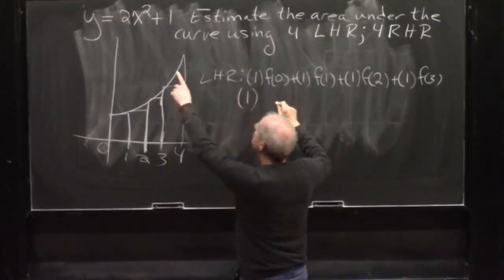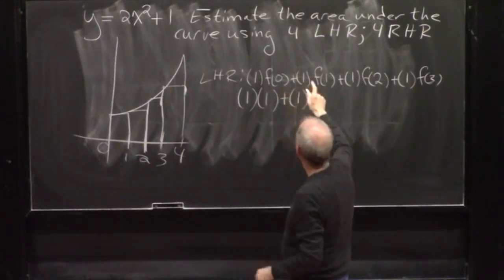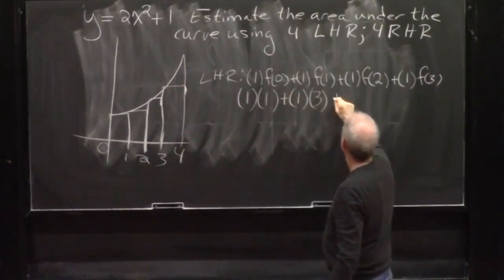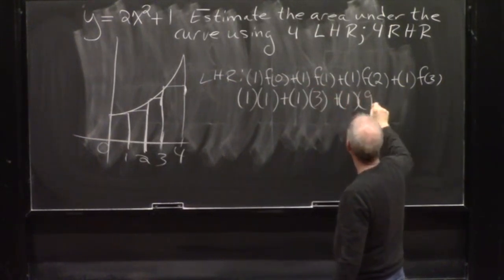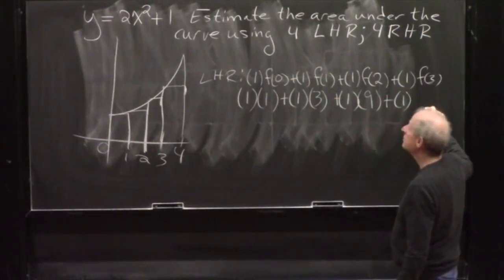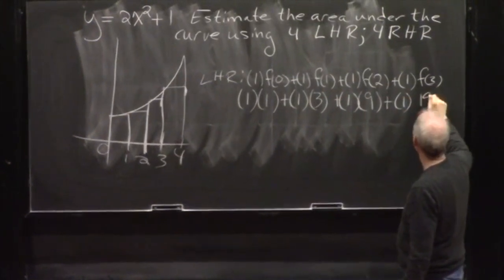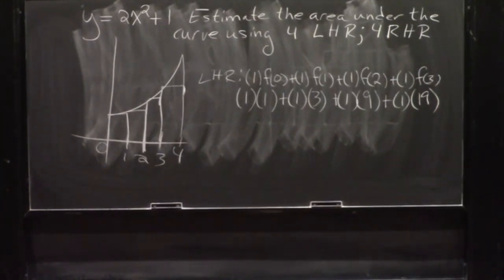So f of 0 is 2 times 0 squared plus 1. F of 1 is 2 plus 1 is 3. F of 2 is 8 plus 1 is 9. And f of 3 is 18 plus 1 is 19. What did you do there?